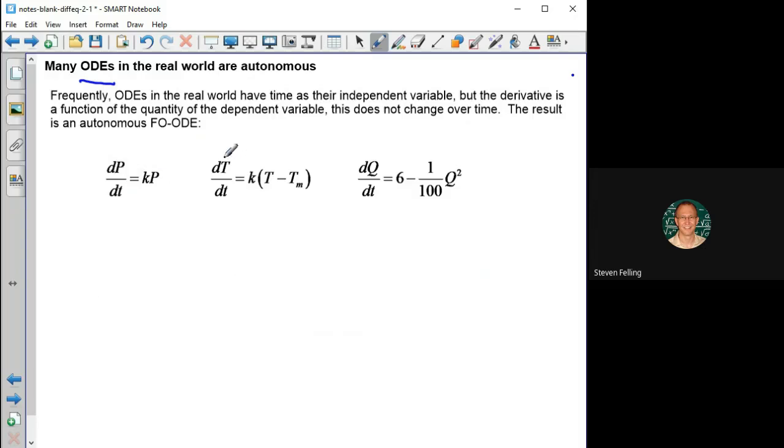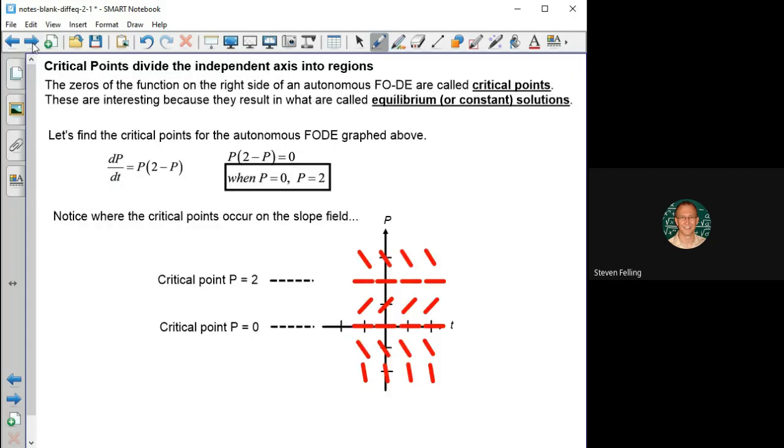Or the change in temperature over time might depend upon a differential temperature, but not on time, or some other quantity. All of these have the property that lowercase t does not appear in the right-hand side. So the slope doesn't depend on the x variable, the time variable in this case.